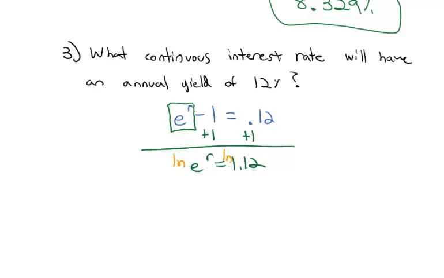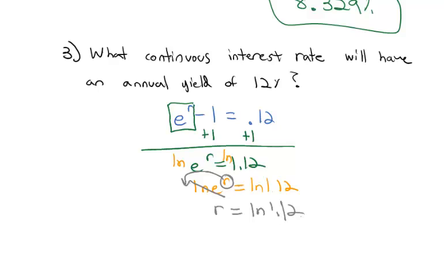Take the natural log of both sides. The natural log of e to the r is equal to the natural log of 1.12. And this is nice because the r comes out front and the natural log of e is 1. So we have r is equal to the natural log of 1.12.